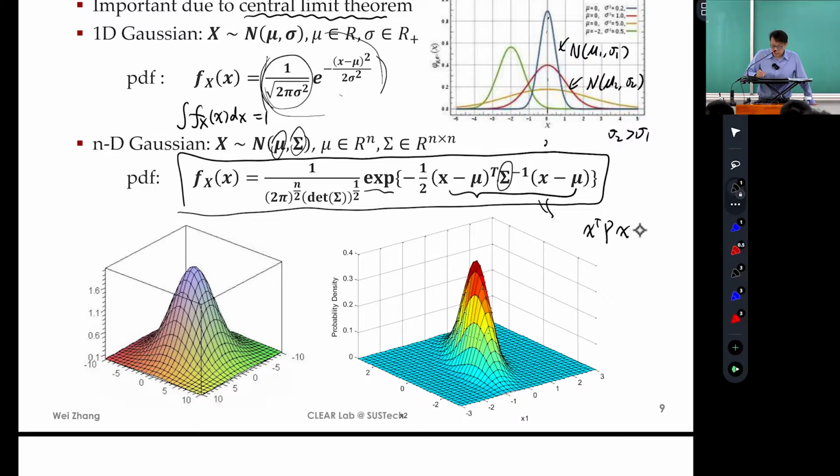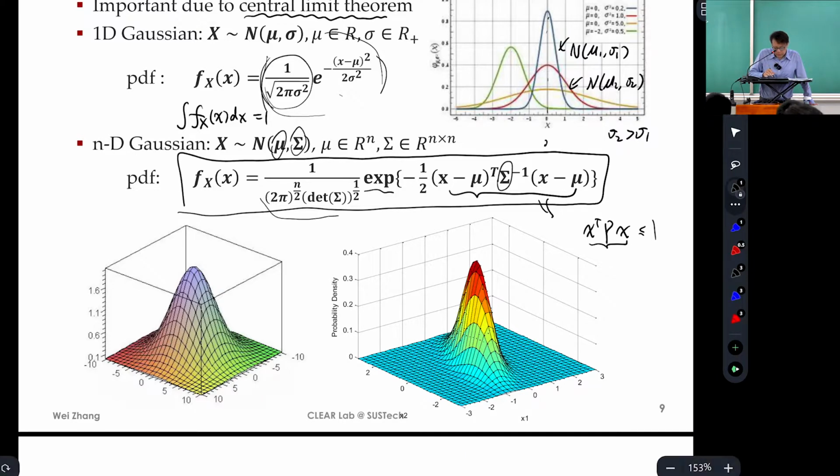If you look at the level set of this quadratic form, say less than 1, it's an ellipsoid. If you cut this, the level set will be an ellipsoid.